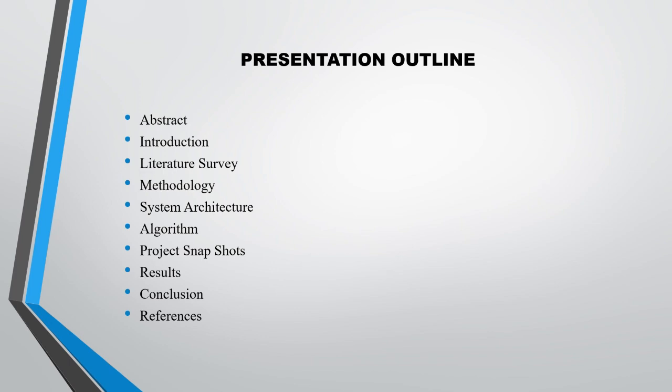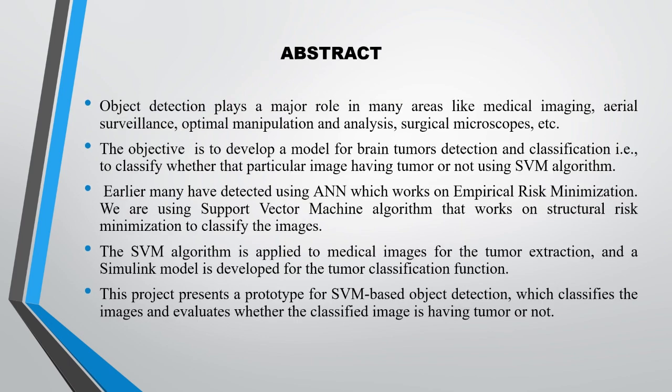First, we are going to start with the abstract. In this abstract, I noted the five main points displayed here, where object detection plays a major role in the physical side of the medical field, like optimal manipulation and surgical microscopes.